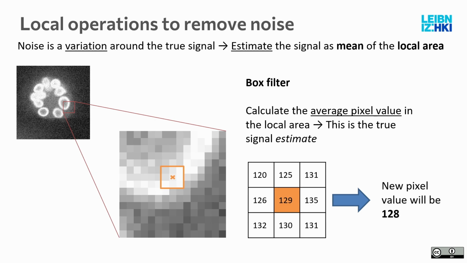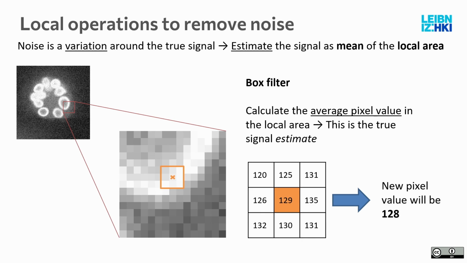So basically we average it out. This is the principle behind the so-called box filter. It goes through each single pixel and calculates just the average value in its area, and this is then the new pixel value. Here's an example of exactly that. I actually meticulously brought out the values from this image into a table.